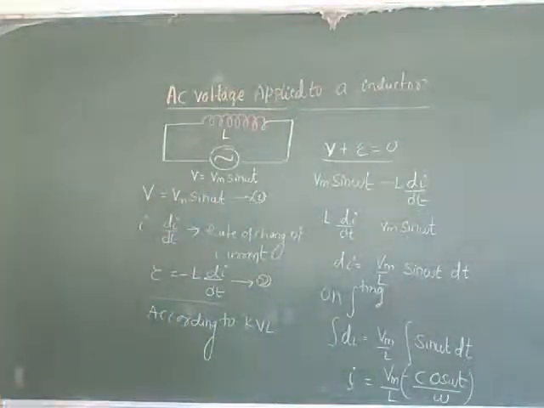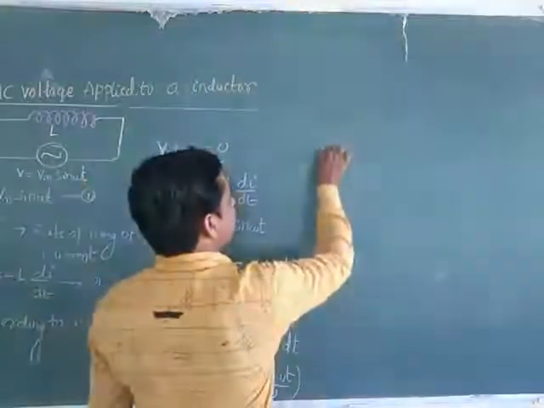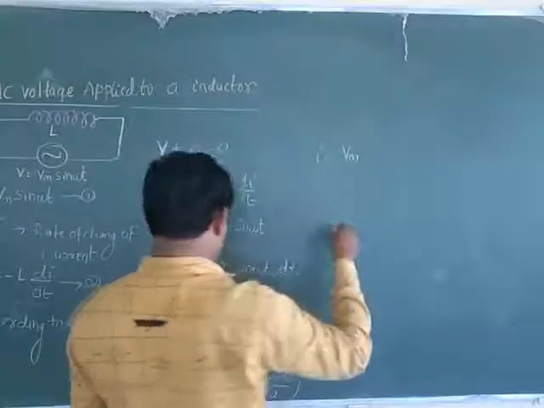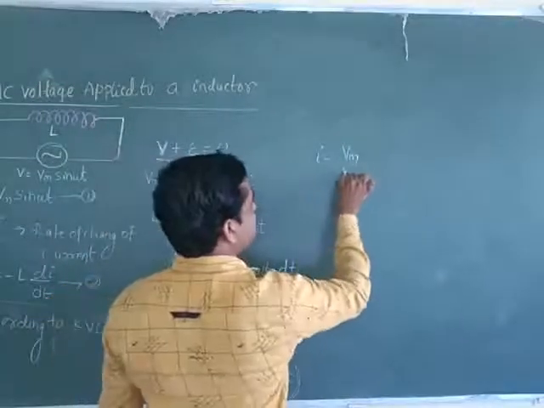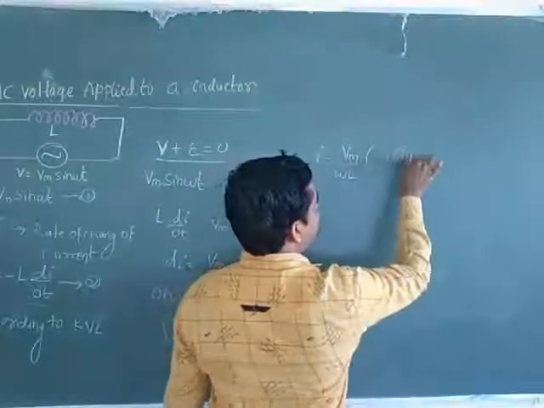Now what is the next step? So I is equal to Vm divided by omega L into minus cos omega t.